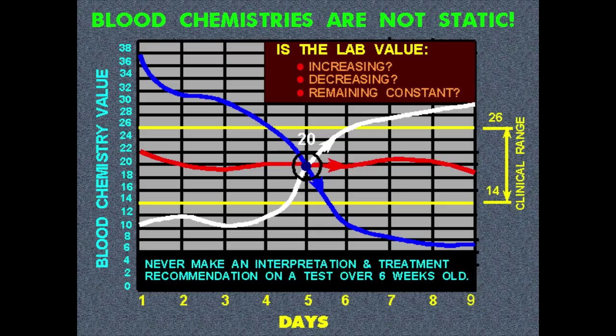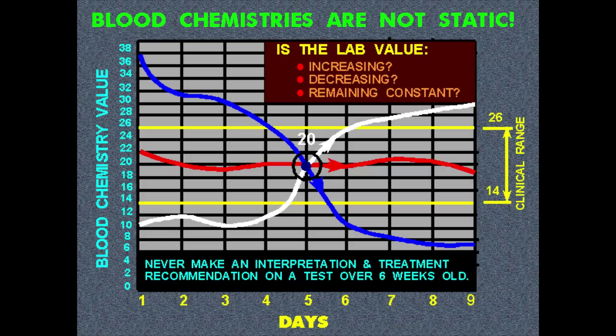Note that on day 5, all three of the tests are the same value at 20 and within the clinical range. Yet, the test in blue is rapidly decreasing from high outside the clinical range at 37 on day 1 to as low as 6.5 on day 9, and again outside the clinical range.